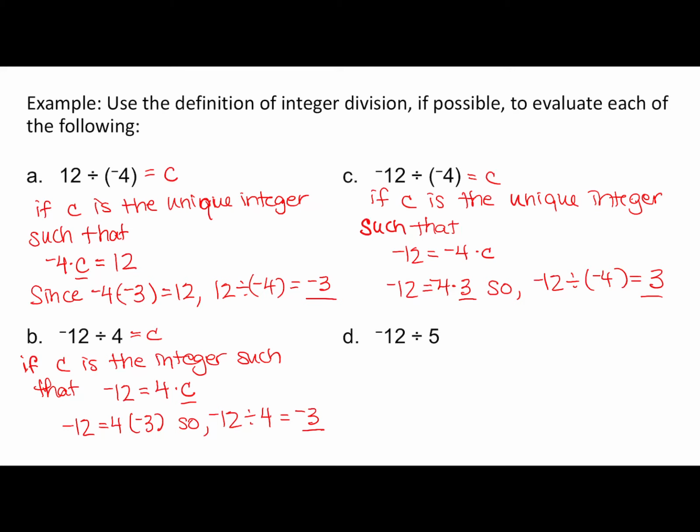And finally, negative 12 divided by 5 equals c if c is the unique integer such that negative 12 equals 5 times c. But there is no integer that I can multiply by 5 to get negative 12.